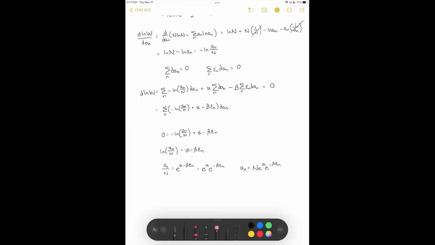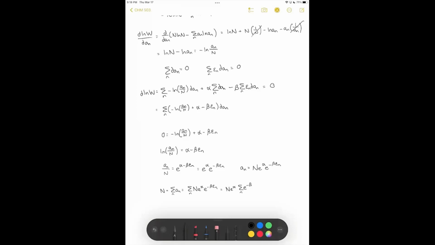From here, we can recognize that n is simply the sum of all of the lowercase a sub n. We've already used that before in this derivation. So we can say that n is equal to the sum of all of the a sub n's, which is then equal to the sum of n e to the alpha e to the minus beta epsilon n. Now, n e to the alpha are not dependent on lowercase n, so we can pull them out of this sum.